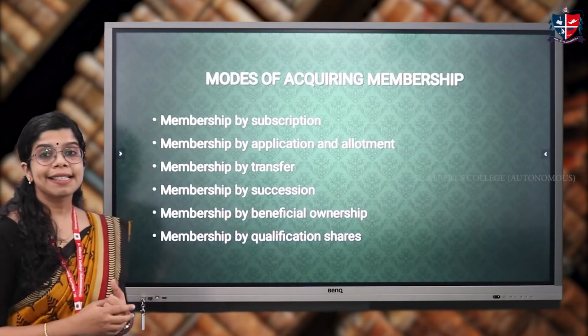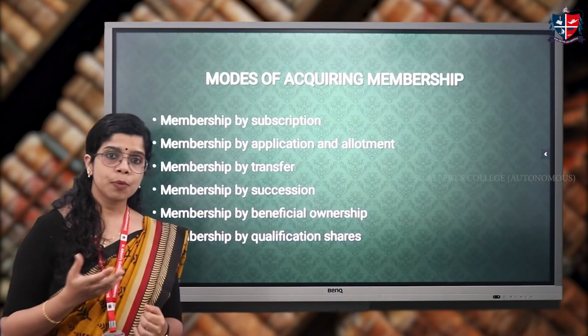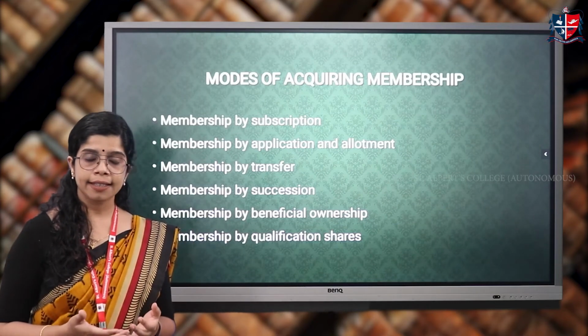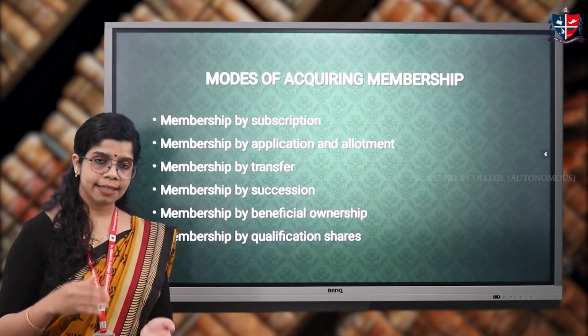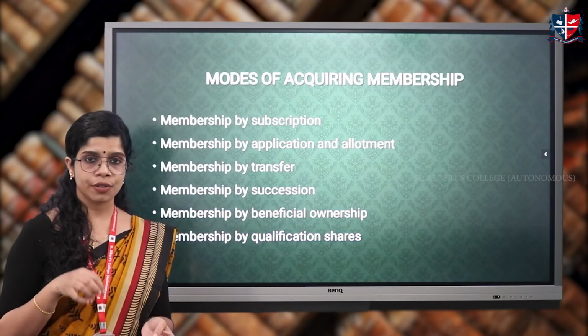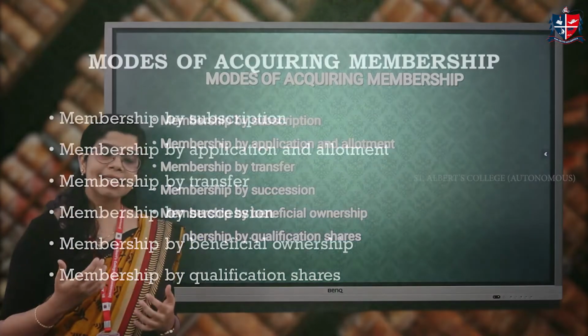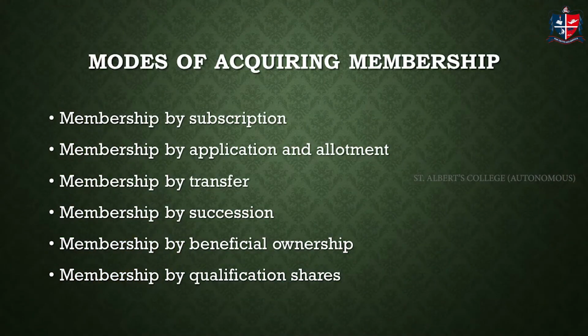The next is membership by succession. Suppose a member of a company has died, then automatically the rights that he has on the shares get transferred to his legal representative. So in this case, the legal representative acquires the shares by succession. That is what we mean by membership by succession. The next point is membership by beneficial ownership.